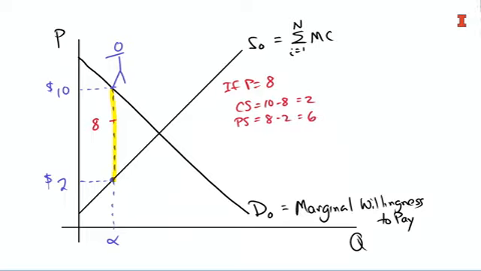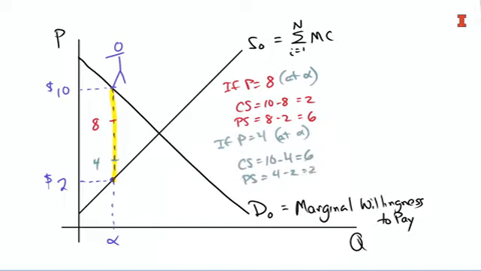I mean, I'm the Benevolent Dictator. Suppose I pick a strike price of 4. If the strike price were 4, add alpha. Consumer surplus would be 10 minus 4, which is 6. Producer surplus would be 4 minus 2, which is 2. The net, again, is 8.